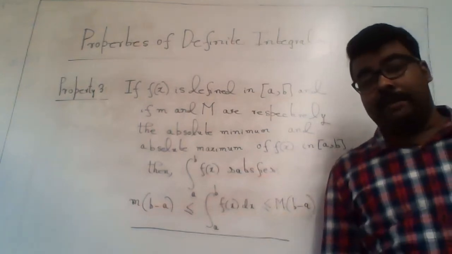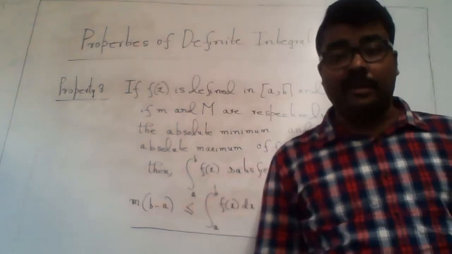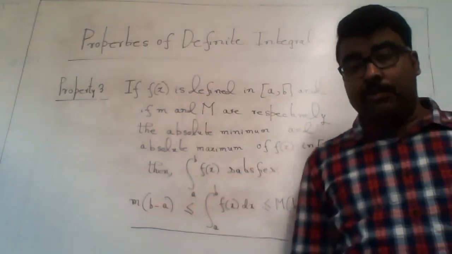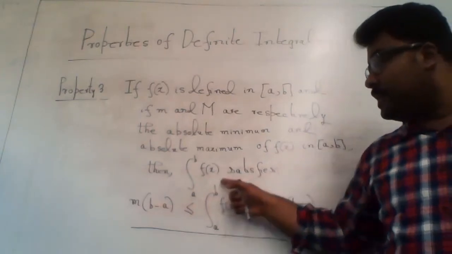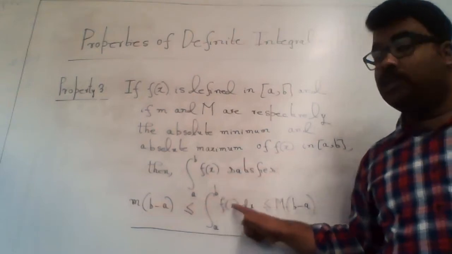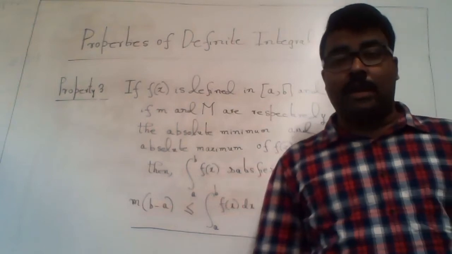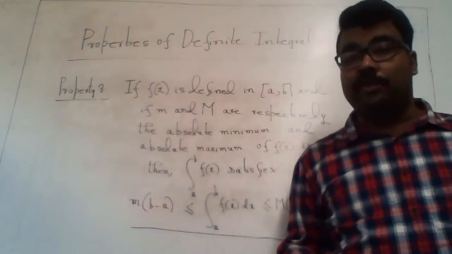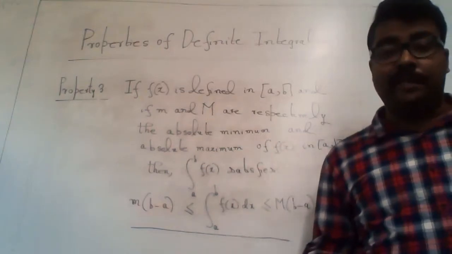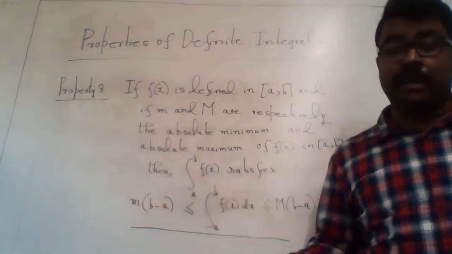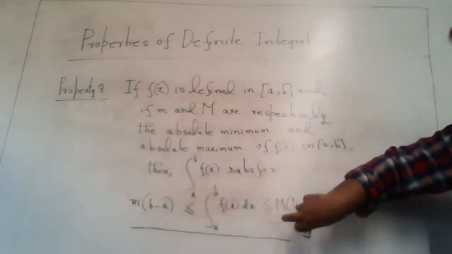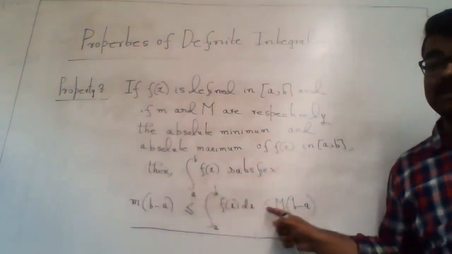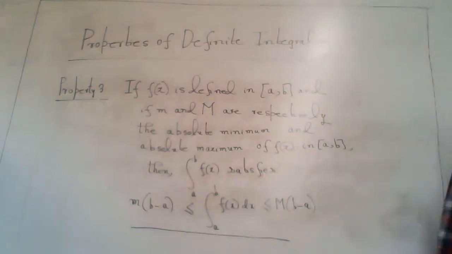Those of you who major in engineering or applied sciences like physics, chemistry, and economics will encounter functions which are not integrable, that is, you cannot directly find the value of the integral using the techniques that we will study. But the derivative you can always compute, and by computing the absolute maximum and absolute minimum, you can always find these two numbers and estimate an upper bound and a lower bound for the value of this integral. That's why this property is so important.